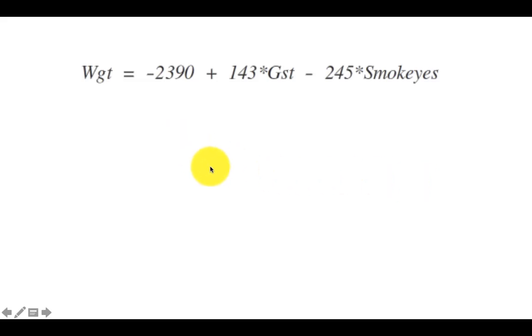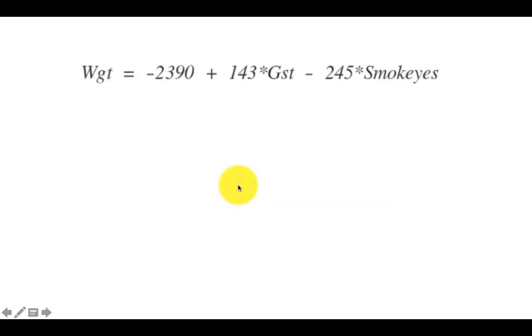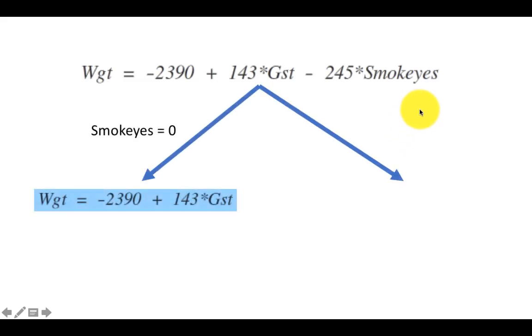Okay, so those coefficients tell us that this is the regression equation: the weight is minus 2390 plus 143 times the gestation number of weeks minus 245 times smoke yes. Now of course we understand that smoke yes can be 0 or 1.